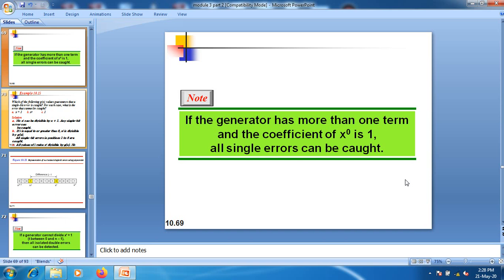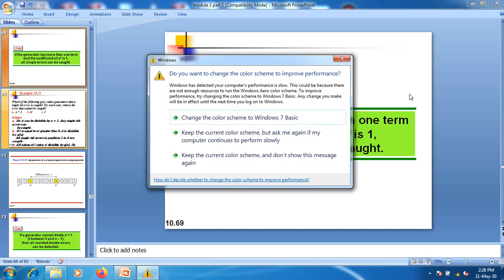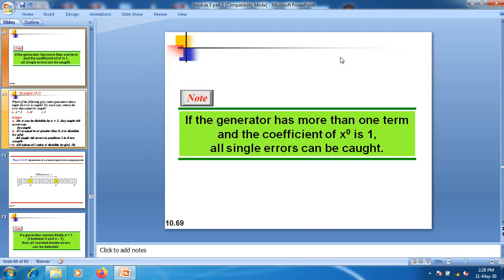To detect this single bit error, we should and must have the generator in such a way that it has more than one term, and another term x naught, and the coefficient of x naught should and must be 1 here. In that case, you can easily detect all the single bit errors. If the generator has more than 1 term and the coefficient of x naught is 1, all single bit errors can be detected.